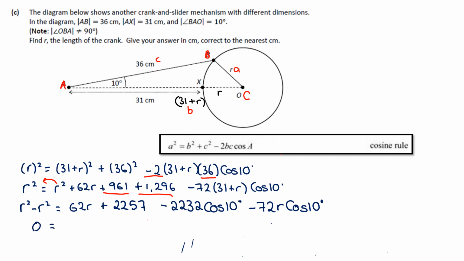I'm going to focus on things that have ORs, and things that do not have ORs, so the green. Much easier to work with the things that do not have ORs, so I'm going to put that straight into my calculator. 2257 minus 2232 cos of 10.